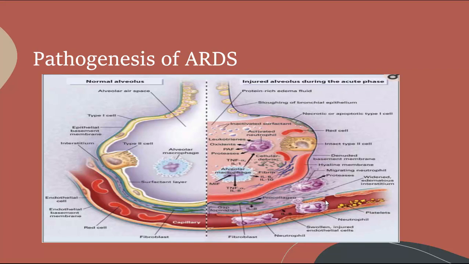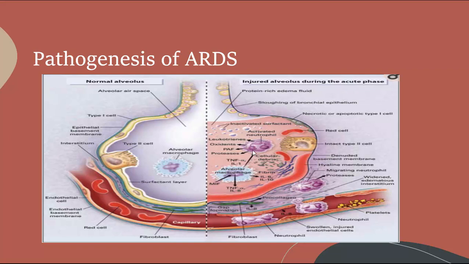You have some destruction of the capillary and endothelium, and then protein-rich fluid and neutrophils start to migrate into the interstitium. Then you have fluid collection, and the patient starts to have hypoxia. Then the hyaline membrane forms, and the neutrophils migrate inside the alveoli.